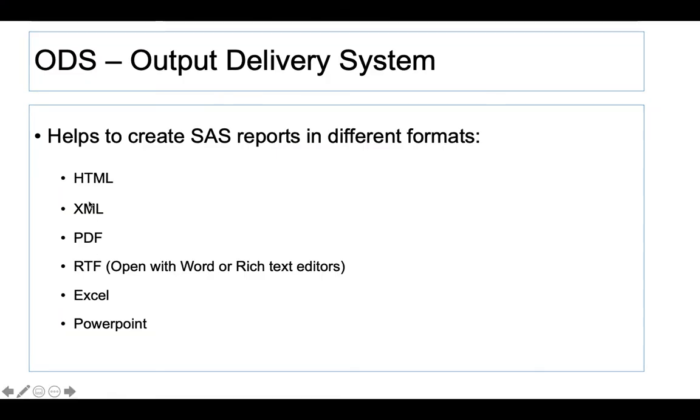And then you can also output data to XML. XML is something used very commonly, particularly in the early days. You try to transfer data in a more standardized format. In XML you have the schema and you have the data.